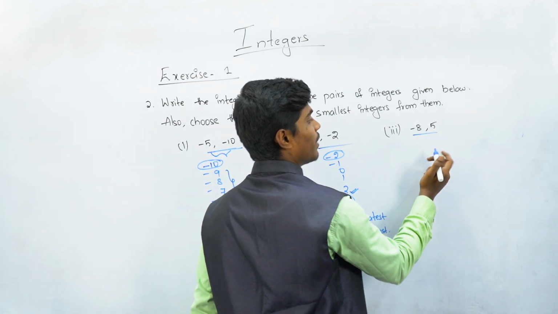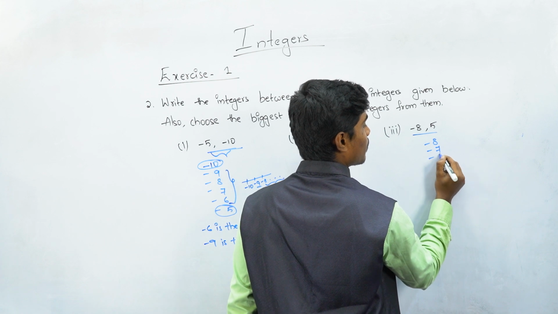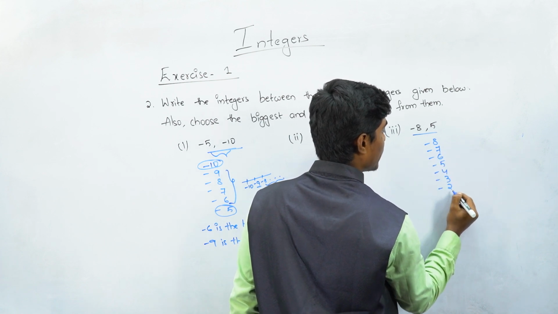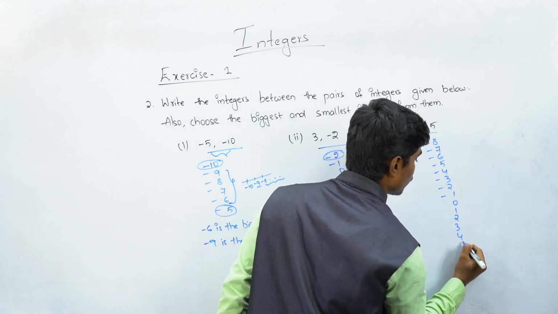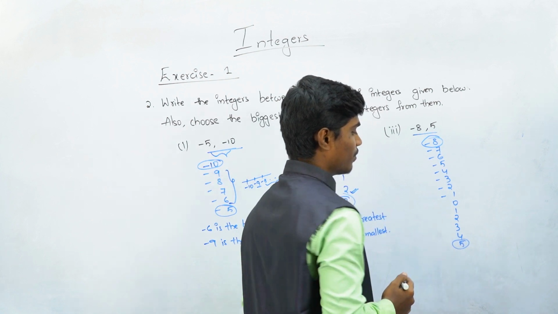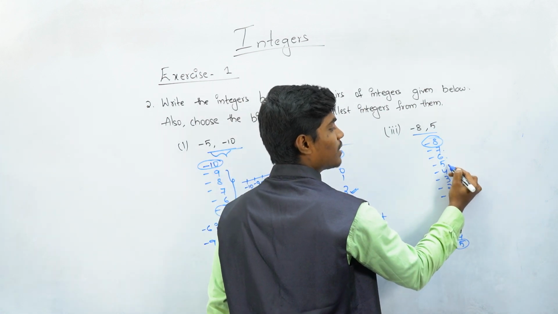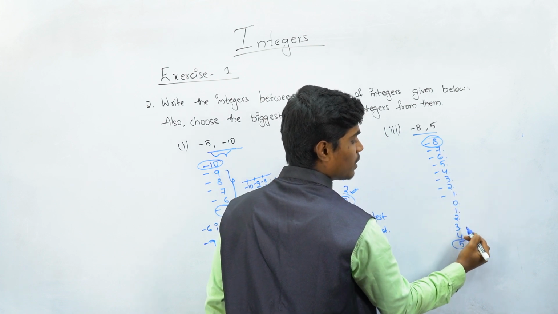Now, -8 to 5. Let's write from -8: -8, -7, -6, -5, -4, -3, -2, -1, 0, 1, 2, 3, 4, 5. The numbers between -8 and 5 are -7, -6, -5, -4, -3, -2, -1, 0, 1, 2, 3, 4.